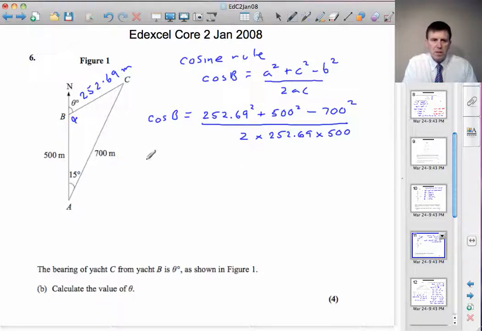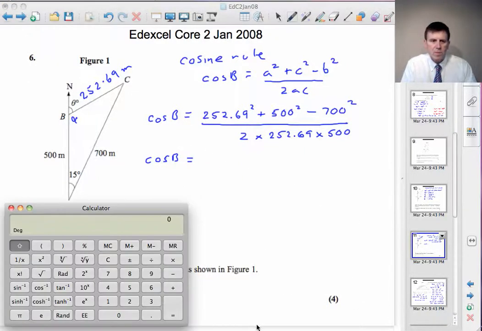So now we can say that cos B is equal to, need the calculator, 252.69 squared plus 500 squared minus 700 squared equals, divided by, open bracket, 2 times 252.69 times 500.